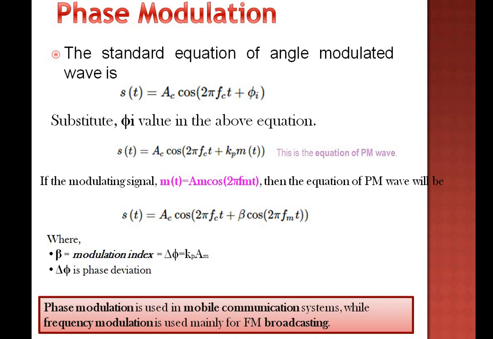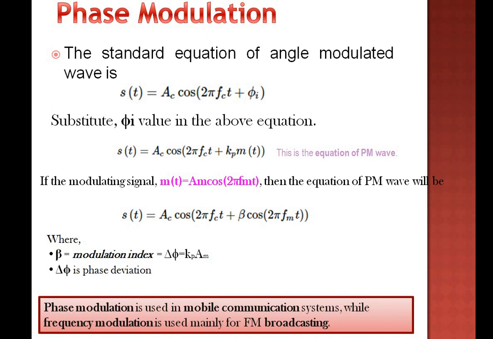What is angle modulation? It is another way to modulate your sinusoidal or continuous wave, in which the angle of the carrier is varied in accordance with the amplitude of your message signal. This is of two types, frequency modulation and phase modulation.